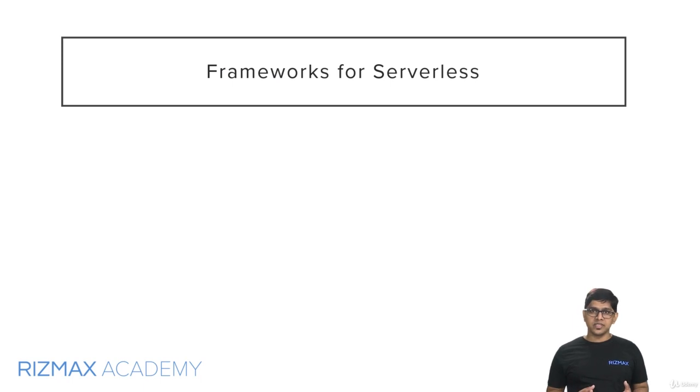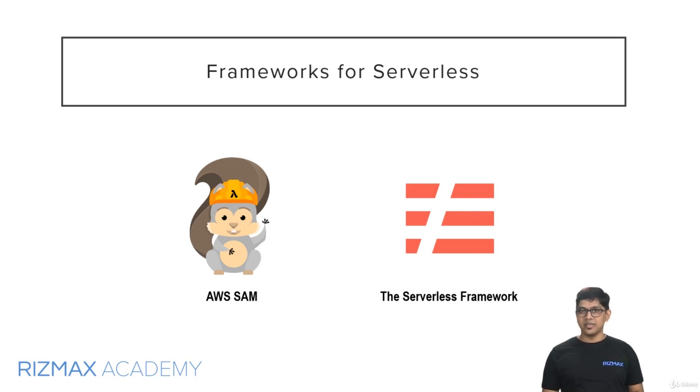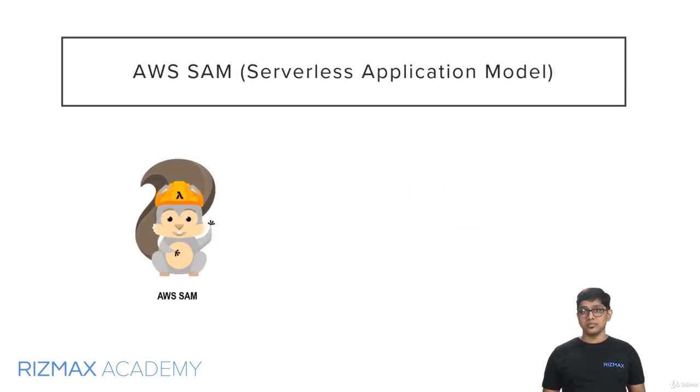There are two frameworks that help you work with your serverless applications efficiently: the AWS SAM and the Serverless Framework. AWS SAM, or the Serverless Application Model, is a tool provided by AWS, while the Serverless Framework is a popular third-party tool provided by a company named Serverless Inc. First, let's talk about the AWS SAM, or the Serverless Application Model.